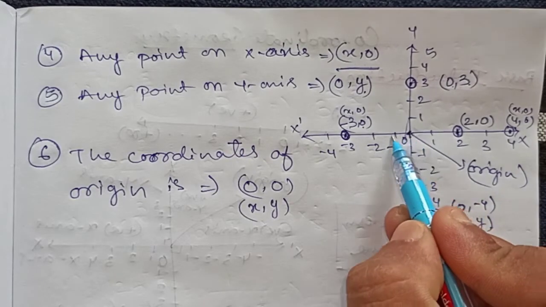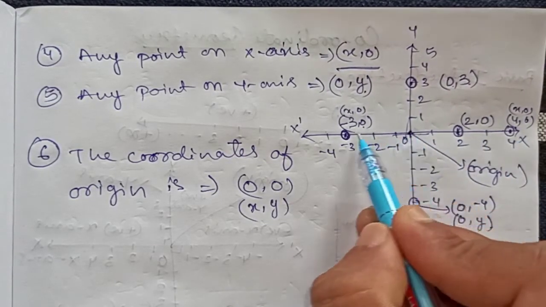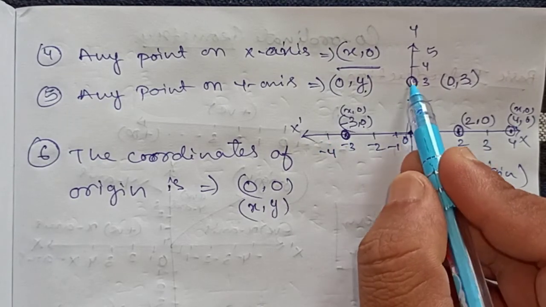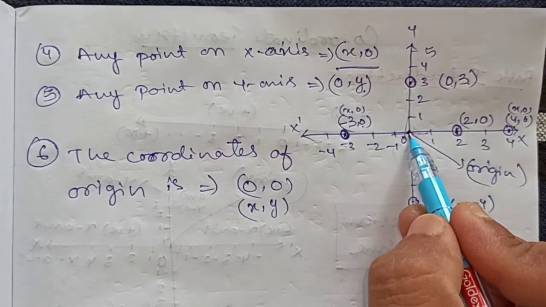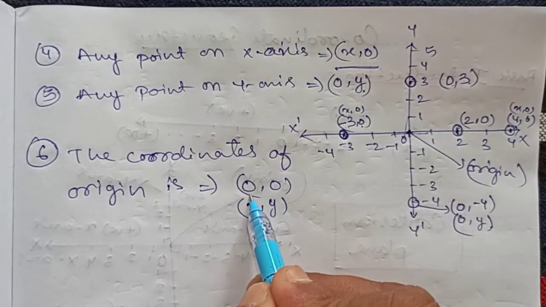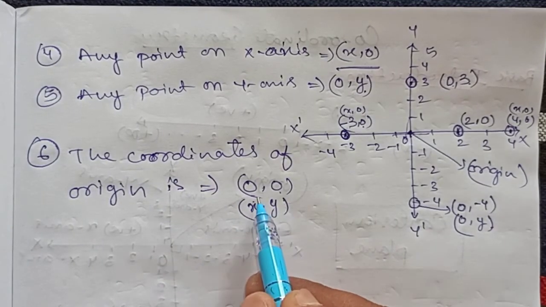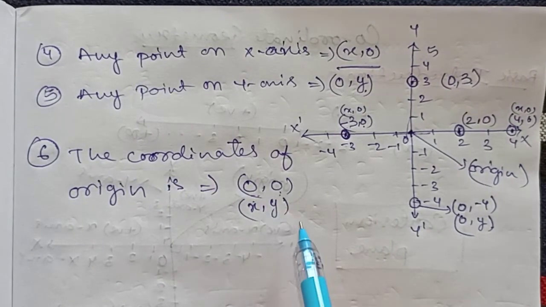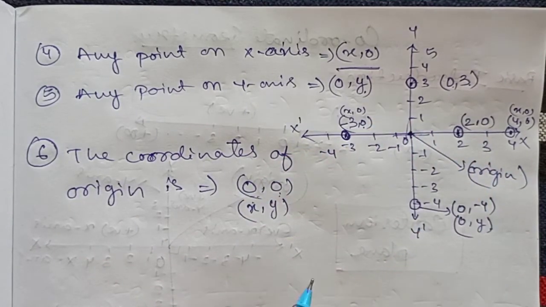This is the starting point for both number lines. From here to this side positive, from here to this side negative. Similarly, from here to this side positive, from here downwards it is negative. So this point is 0 for both x and y. So the coordinates of the origin are 0, 0. Abscissa is 0, ordinate is also 0. These are the things we have to remember when we are discussing coordinate geometry.